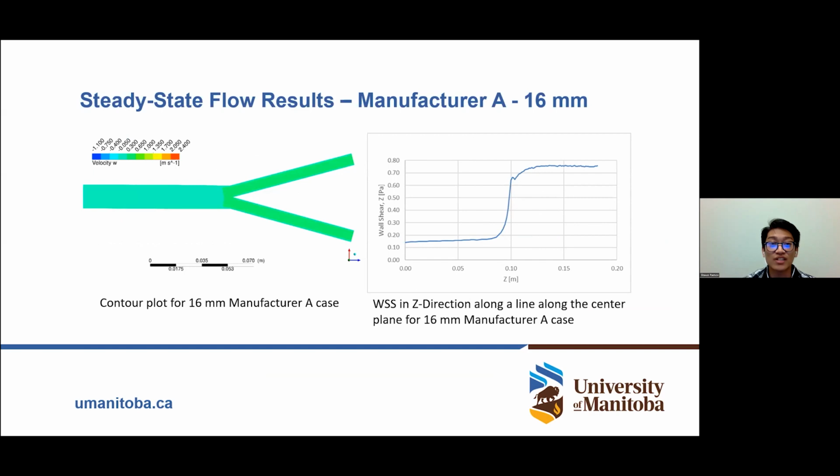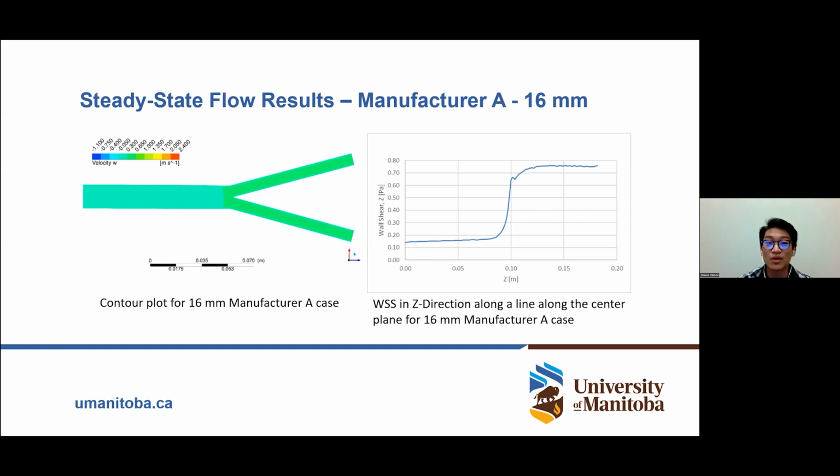For the manufacturer A case, the flow is quite uniform. The effect of foreshortening on this limb only reduced the diameter by 0.2 millimeters. Since there are no significant geometry disruptions, we see that the flow is uniform at the diameter reduction, where there is a slight increase in velocity, and the velocity further increases once the limb bifurcates.